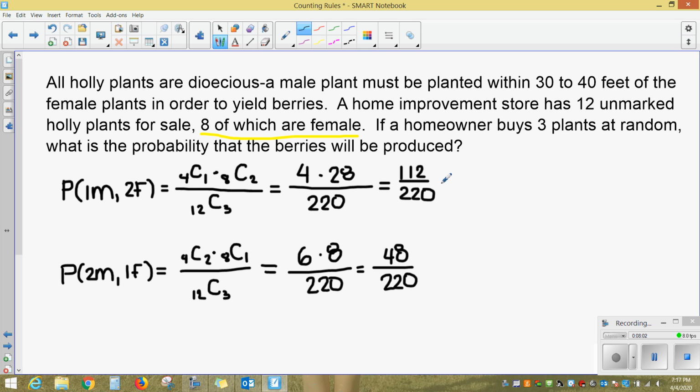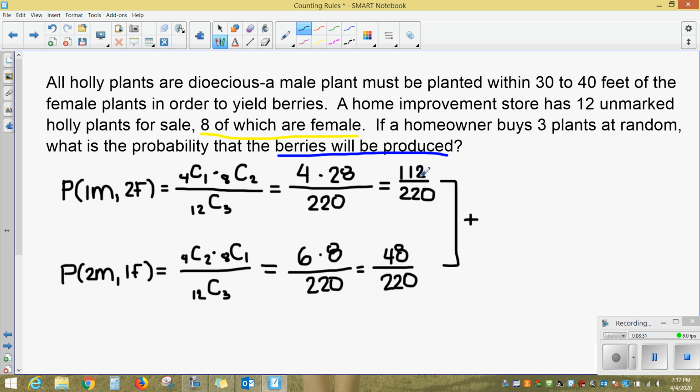We could do that, or we could wait, because I know that for either of these 2 situations, I'm going to meet my goal, and my goal is that I'm going to end up with berries on my plants when the time comes. So remember with our tree diagrams earlier on, we said if more than 1 branch of that tree gets us the event that we want, then once we find the probability of each branch, we add those 2 numbers together.